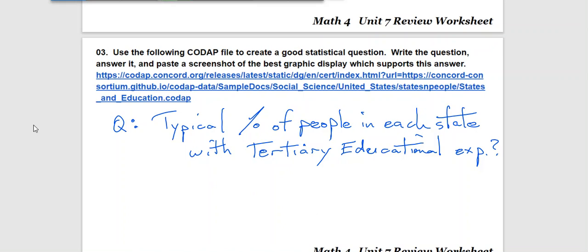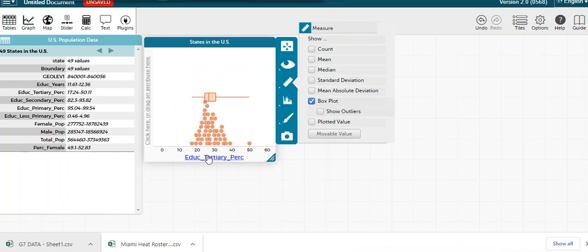All right, so when we start looking at the data as we have it here, one of the things I like to look at is the mean and the median, and notice that they are so close, 28 and 26.9. So you might as well call it 27% and 28%.